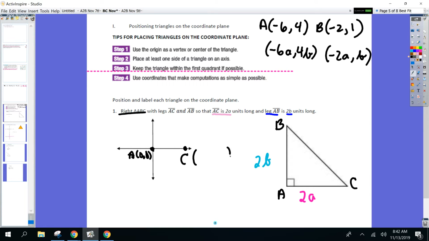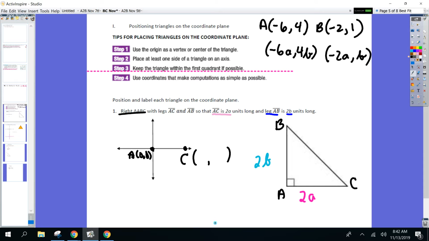All right, now here's where we start getting serious because what's got to be the distance between A and C? 2A. So I need to come up with the correct coordinates so the distance will be 2A. Well, you guys told me to put it on the x-axis. So what coordinate is always 0 on the x-axis?